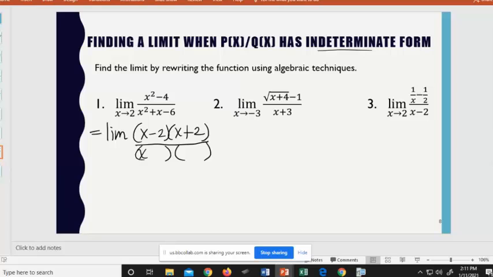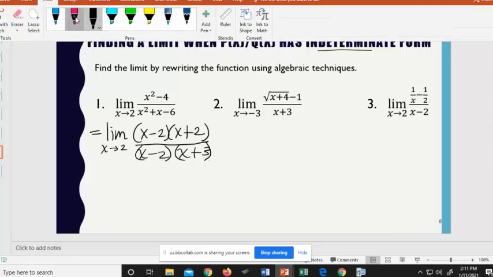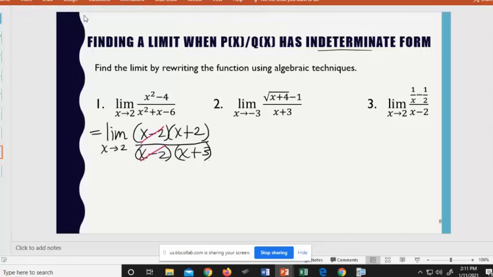So what is that? x minus 2, x plus 3. Good? Their product is negative 6, but their sum, negative 2 and 3, is 1. And now I can simplify. Okay, so look at that.